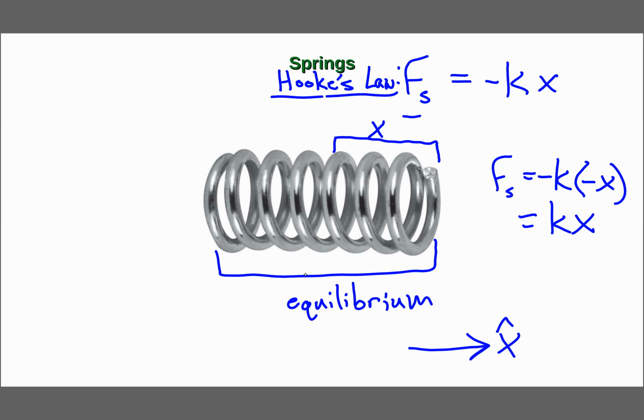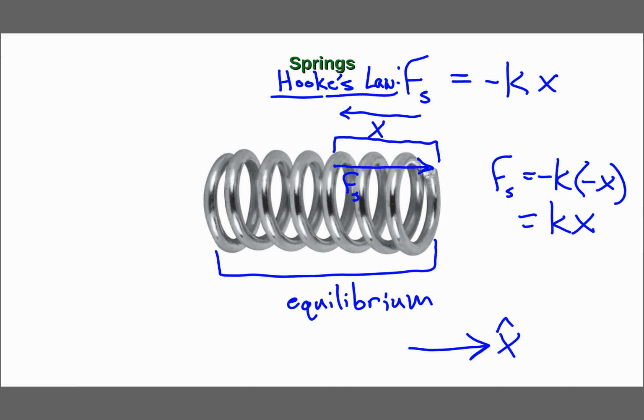So when I displace it in the negative direction, Hooke's law tells me that the spring will push back in the positive direction, okay? Fs here. So Hooke's law contains this information that I was talking about, the way springs act when they're displaced from equilibrium. And we can use this to find the magnitude of the force that they will apply in their attempt to get back to equilibrium, okay?